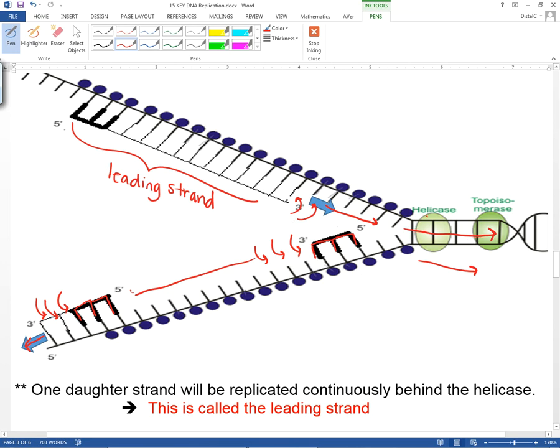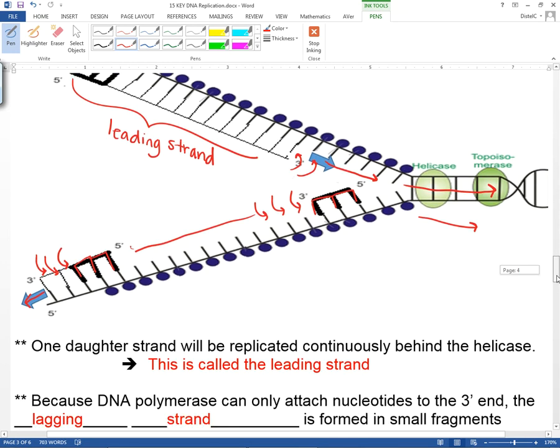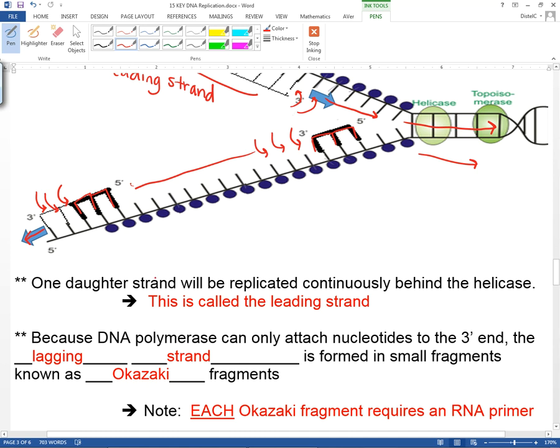So then I have a gap. So because DNA polymerase can only attach nucleotides to a 3' end, this is called the lagging strand. And it's formed in small fragments known as Okazaki fragments.